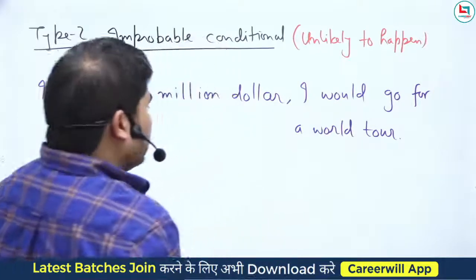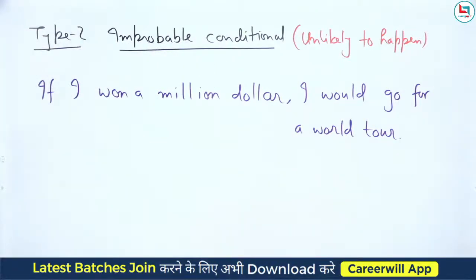If I won $1 million, I would go for a world tour. This is type 2.